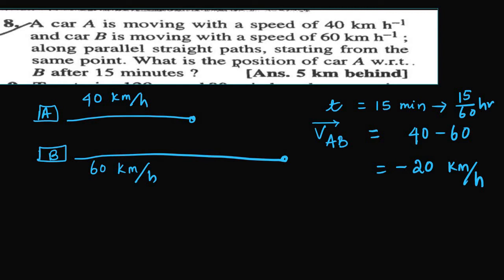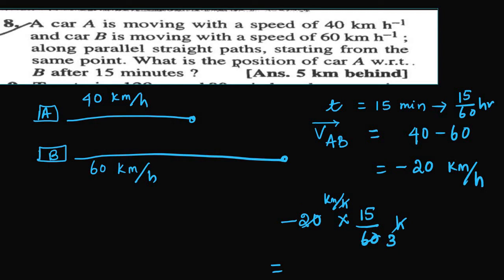I'll have the velocity, then the time in hours. The unit here was kilometer per hour and this was hour, so hour cancels out, and only kilometer remains. The 3 will be here, not here.